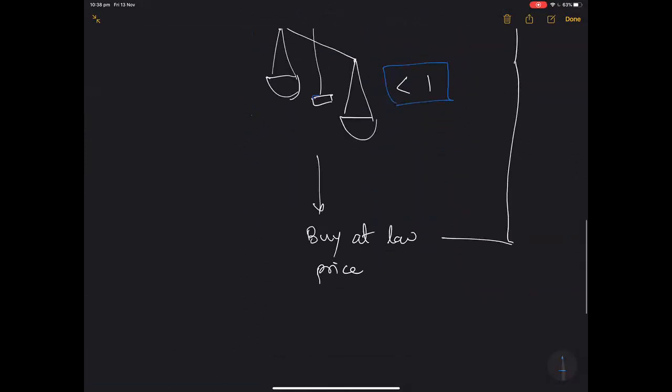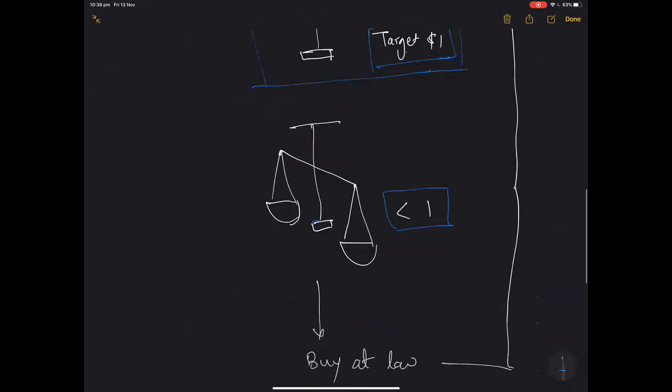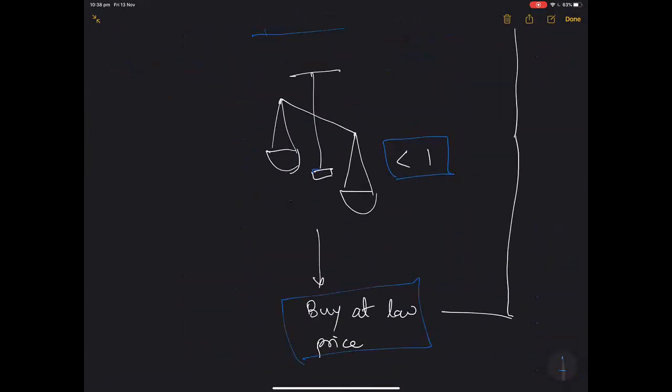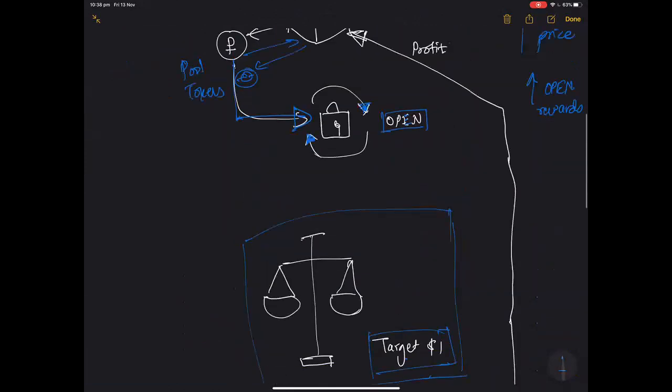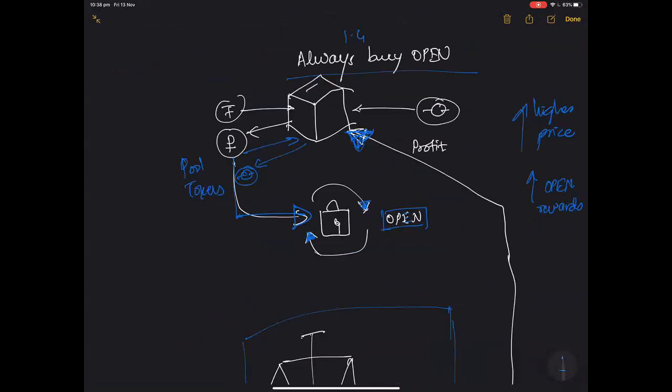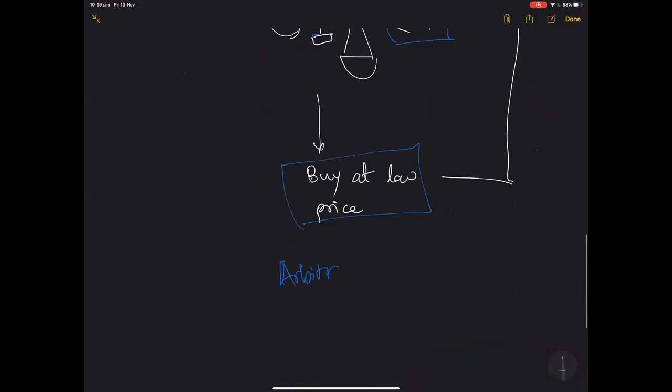If there is enough money in the $1 CashBox, people deposited over here, then anyone can go buy it on the exchange at a lower price, and then they can simply go to the CashBox and sell it at a higher price and profit. So it gives an arbitrage opportunity, and it's a completely permissionless thing, so that anybody who is smart enough can see that there's an arbitrage opportunity and make a profit and bring the price to where we would like.